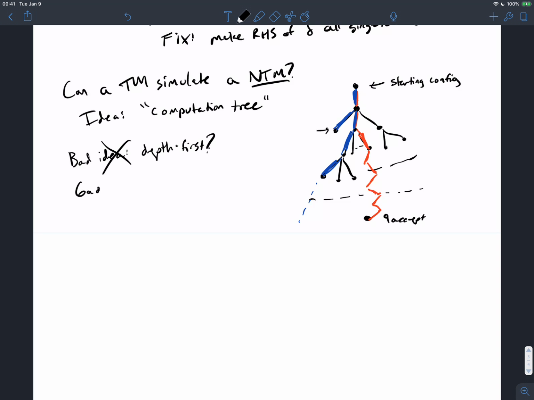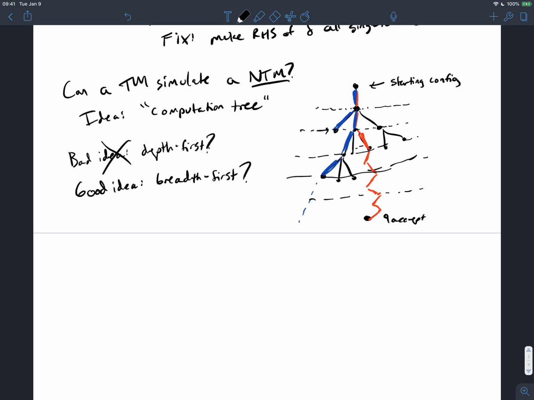A better idea, a good idea, is to do a breadth-first search. I look at all the nodes that I can reach in the first layer, then all the nodes I can reach from every node in the first layer to every node in the second layer, then the third layer, the fourth layer.